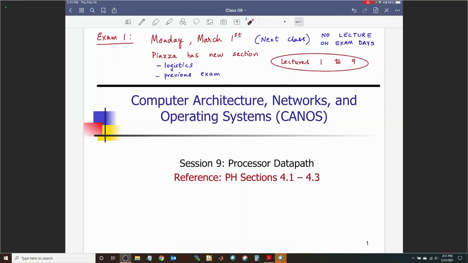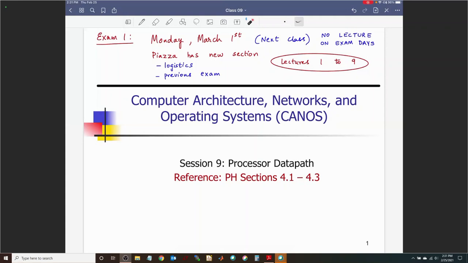What are we doing today? Well, we are going to be talking about processor data path, which essentially means what are the various components that are going to be involved in order for any instruction to start and finish. Of course, we are going to be needing an ALU to execute the instruction itself. We are also going to need to increment program counter by 4 every time we move down one instruction.